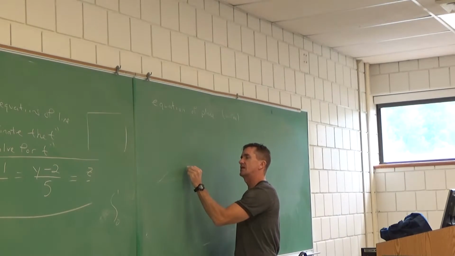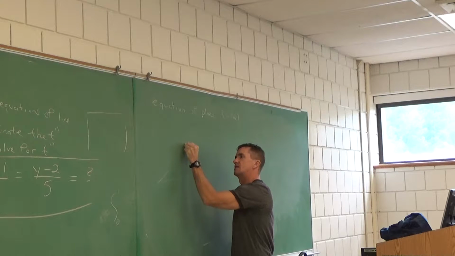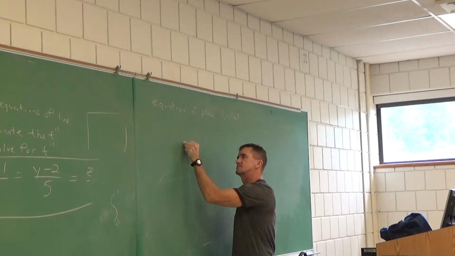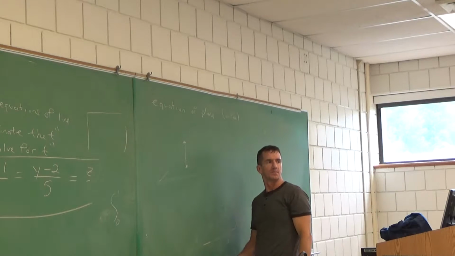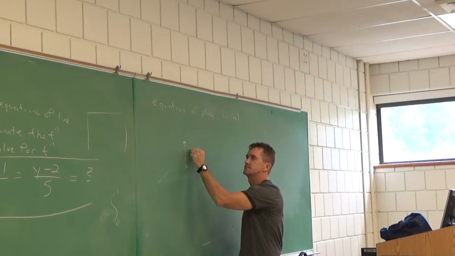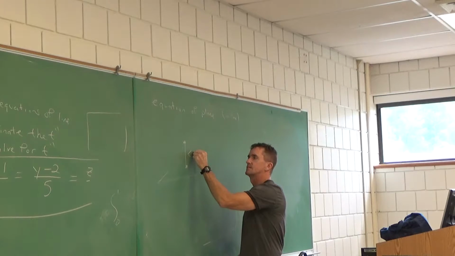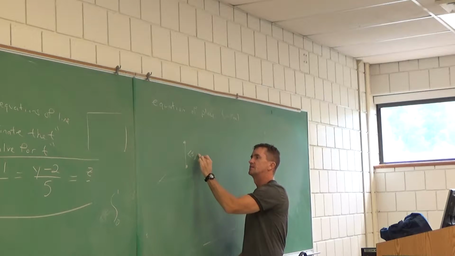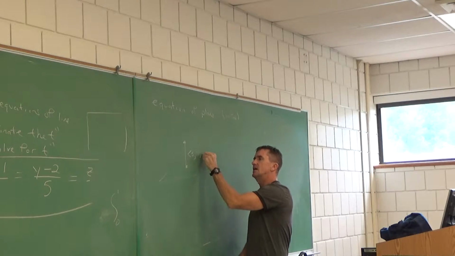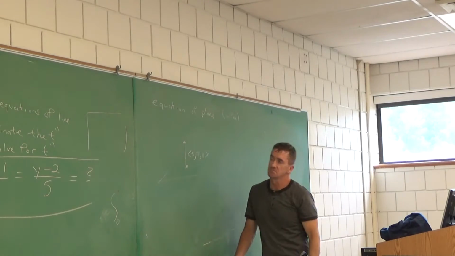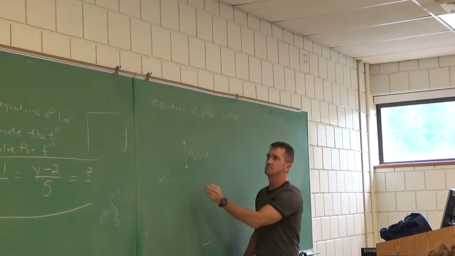And let's put a vector right here. 90 degrees to the what? Plane. To the plane. How about 5, 7, 8 is the normal vector. 5, 7, 8.